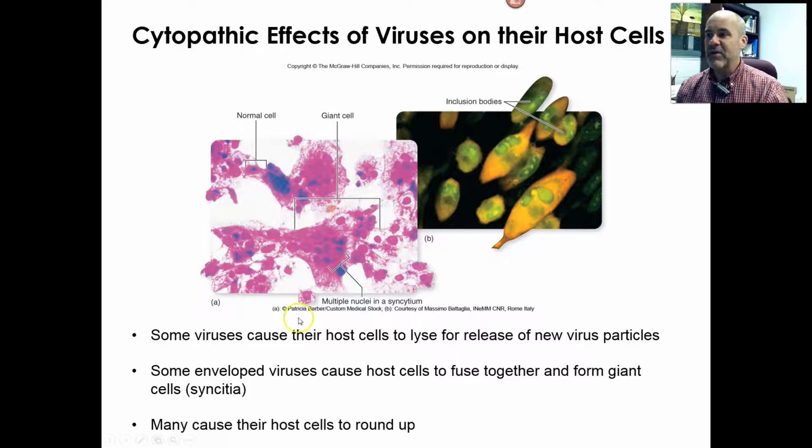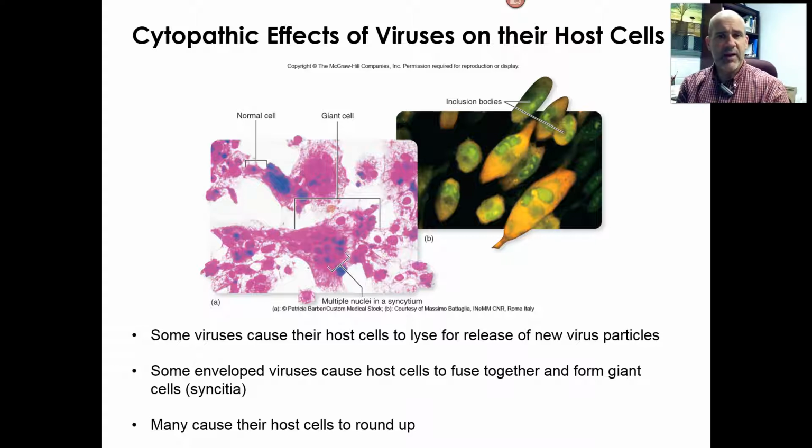And so there are some enveloped viruses that cause the host cells to fuse, and those big giant fused cells are sometimes called syncytia. Some cause their host cells to round up and look real grainy if you were looking at them under the microscope. So lots of variations. Anything where you could observe changes in the host cells caused by a viral infection can be called cytopathic effects.